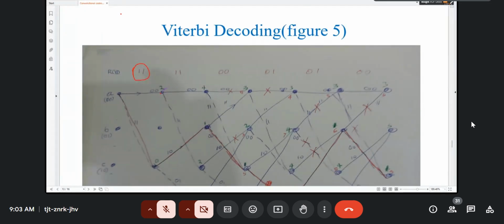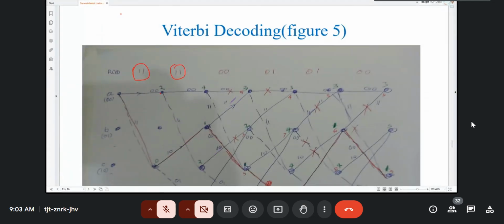This is 2. Now the next is 1 1. Whenever you are here and you add a 0, you go this way, and when you add a 1, you go this way. So it will just be the same.